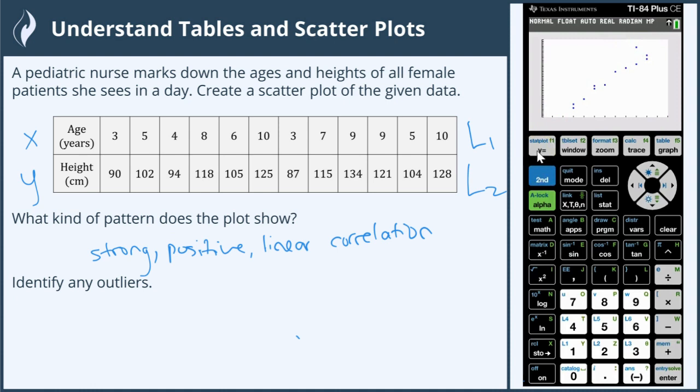We're going to say that it is an outlier just by looking at the situation, but it would be important to verify that with tests and different calculations. But you're not doing that in this particular course. So you're just looking at it visually to say if it's an outlier or not. If I were to draw a line here, which you'll learn how to draw, that line of best fit, in some of the other videos for this week, you'll be able to determine that this point is a little bit further away from the line than the other points are, and therefore we would call it an outlier.